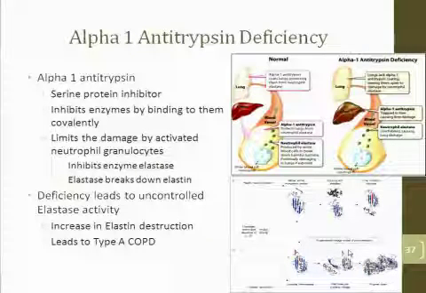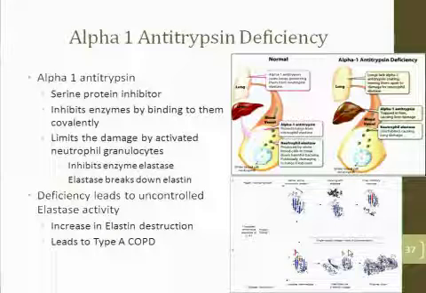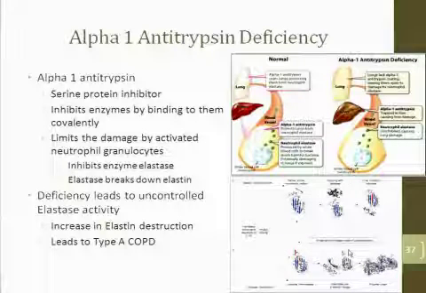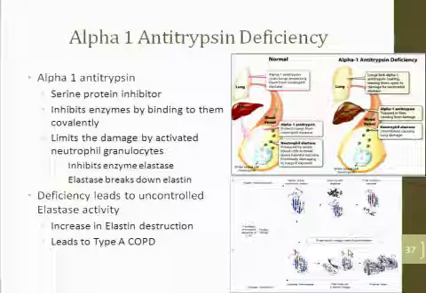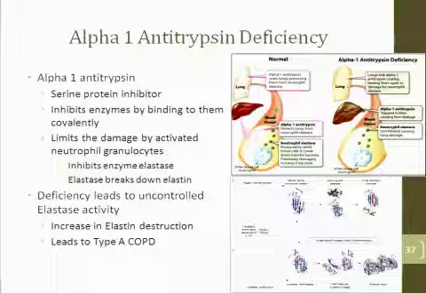So a deficiency leads to uncontrolled elastase activity. So you get an increase in elastin destruction and it leads to very early, young individuals with type A COPD. I'm talking about in their 40s. Okay, it's pretty impressive. I've even seen a guy that had it at 25. He started smoking at 15, and by 25, he already had very severe emphysema.